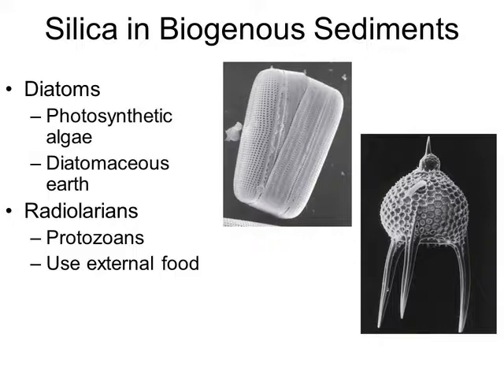Your silica-based biogenic sediment are created by these two guys right here. The image on the left-hand side in the middle is an image of a diatom. It's a little hard to see, but it's on its side right now, but essentially it looks like a petri dish that has two halves that come together.